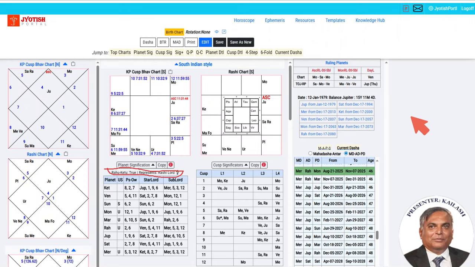So I always make use of the mean position. Once in a while, when I'm experimenting and some settings are left unchanged, then this is what happens. So in fact, recently I did get an email also about whether to use the mean or the true position of the nodes. I always make use of the mean position.